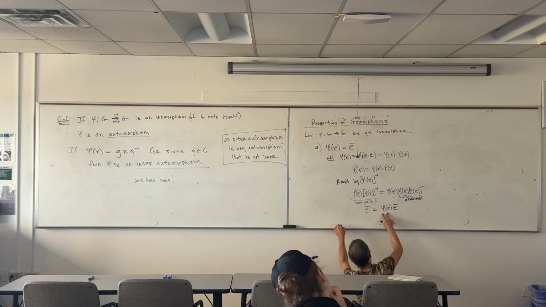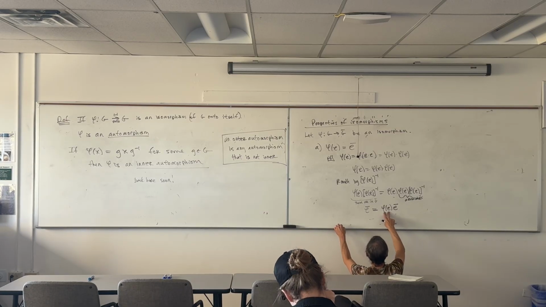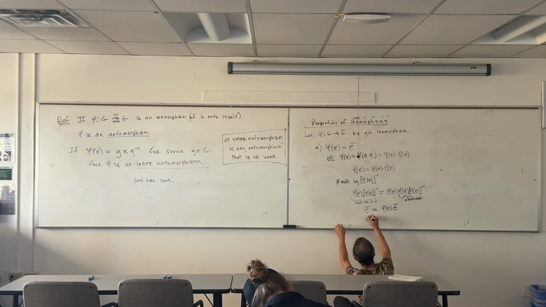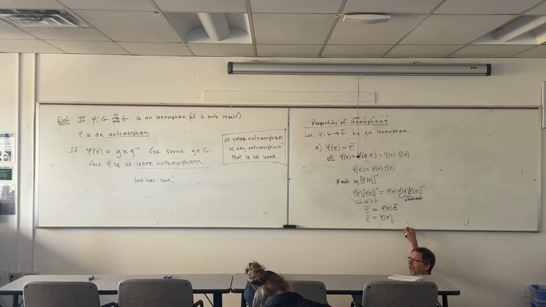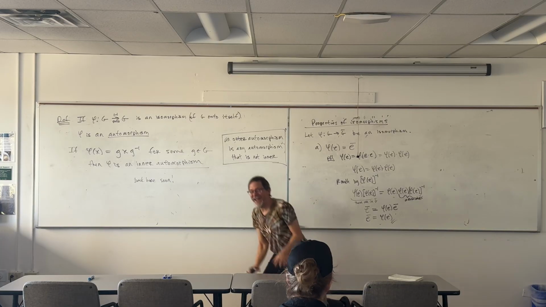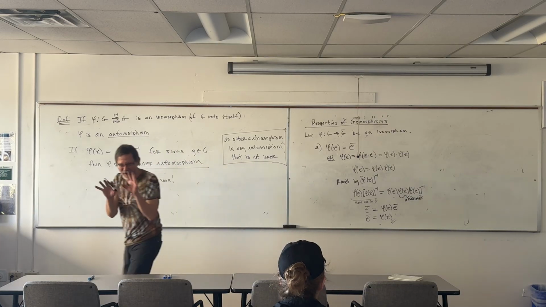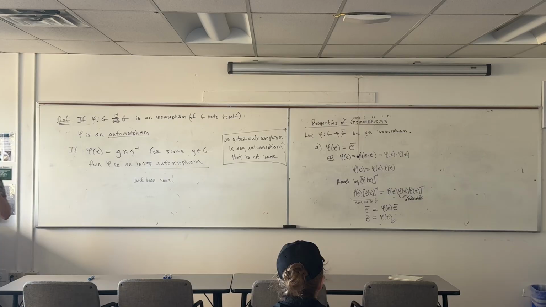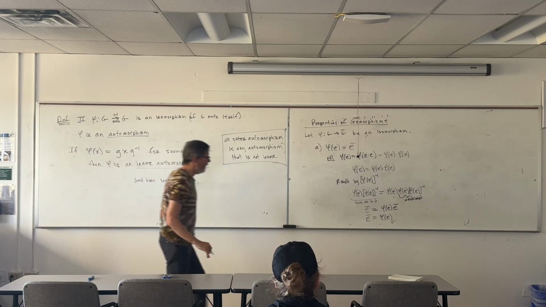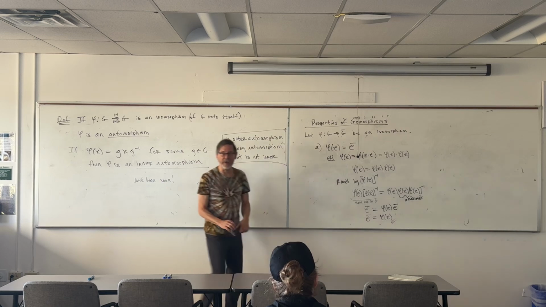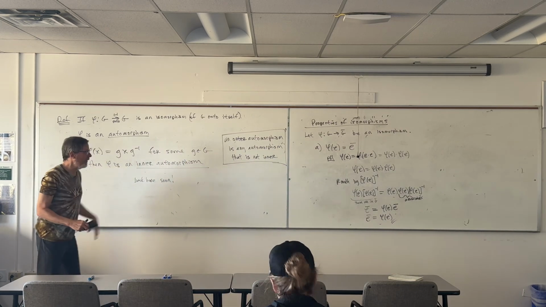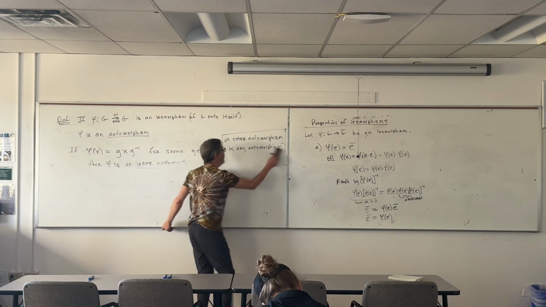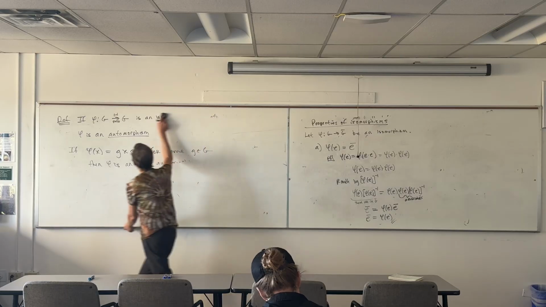But this is in G bar, and this is in G bar, so this is just phi of E by the definition of inverse. So this is kind of heavy in a way. It's subtle, right? We have to be careful. Where am I, which side, G or G bar? Just keeping that in mind. That's why I want to go through these proofs, because I think there are important things to see. And while I'm erasing, let me know if there are any questions about that.